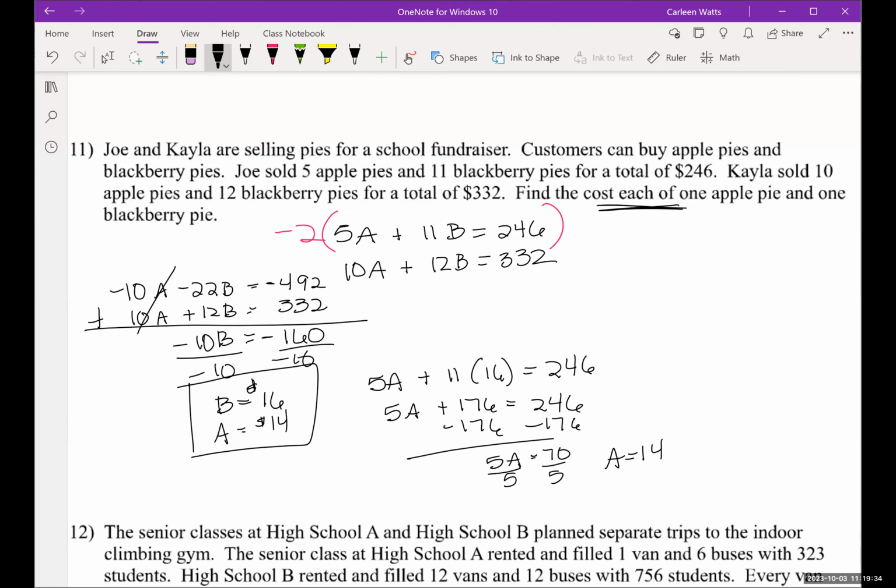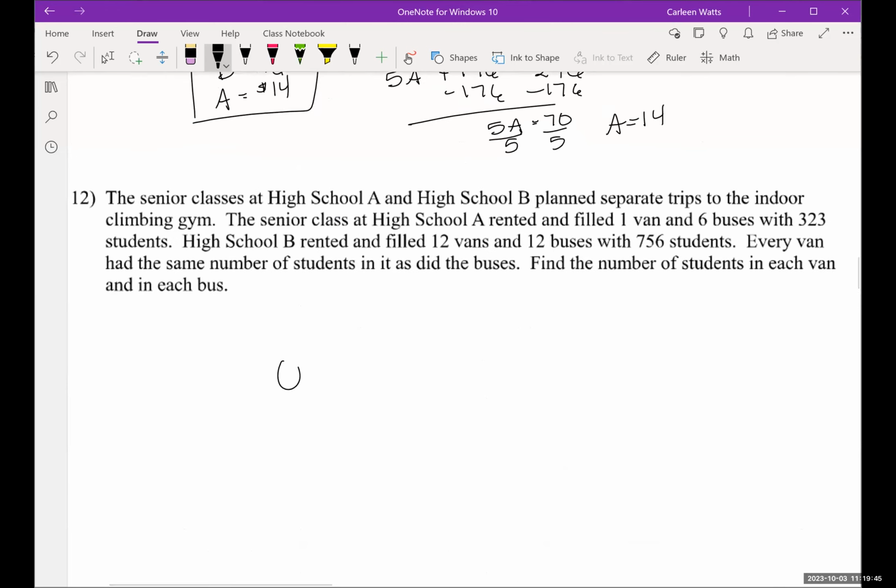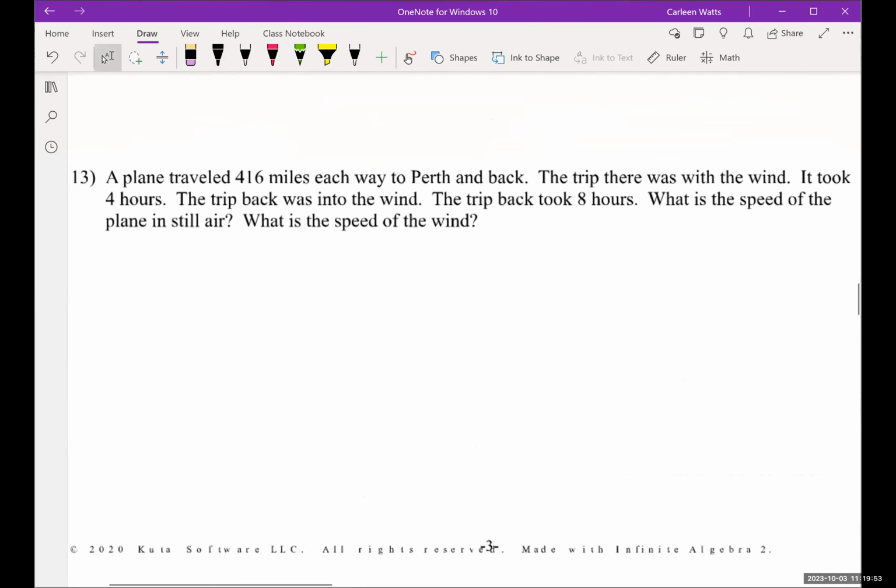And you know how I am, okay? I tell you, you need to be able to do this word problem, and I'm not kidding. You need to be able to do this word problem. It's going to show up. Okay, now you're going to do number 12 on your own. Or stick around and request it at the end. Okay, let's do number 13.